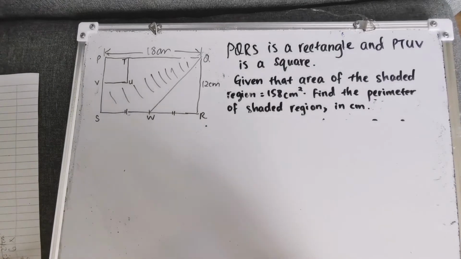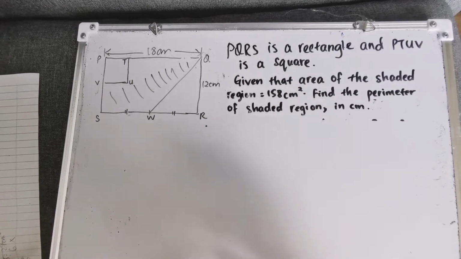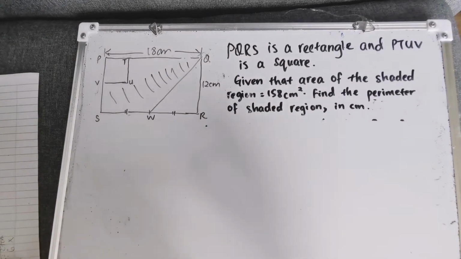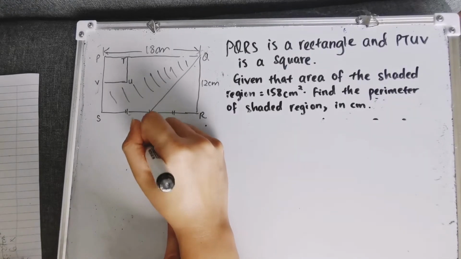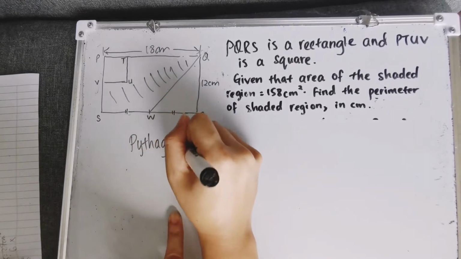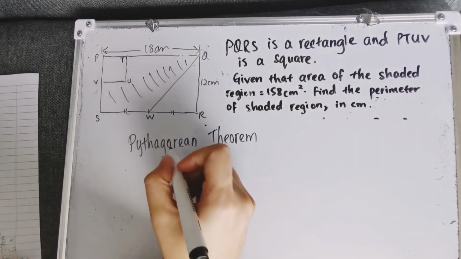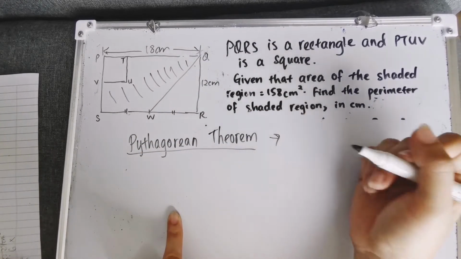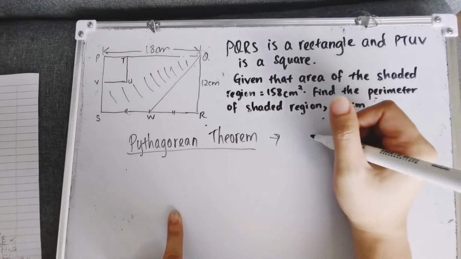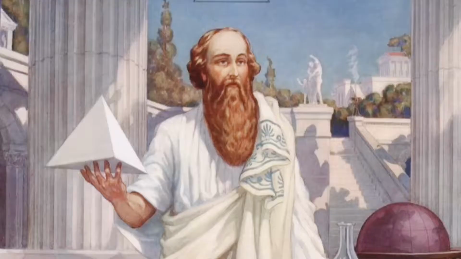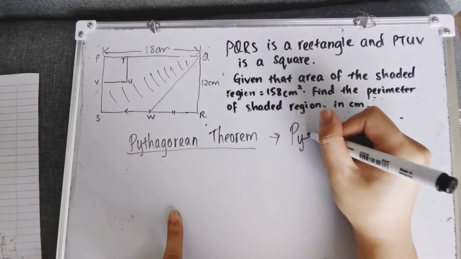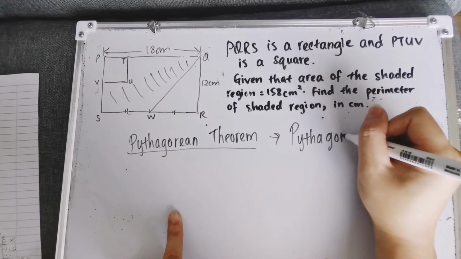Besides remembering your area, perimeter, and volume formula, another formula you must remember is the Pythagorean Theorem. The Pythagorean Theorem was created by our grandfather, his name is Pythagoras.